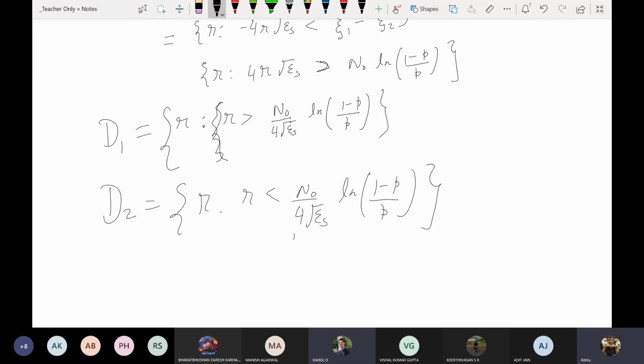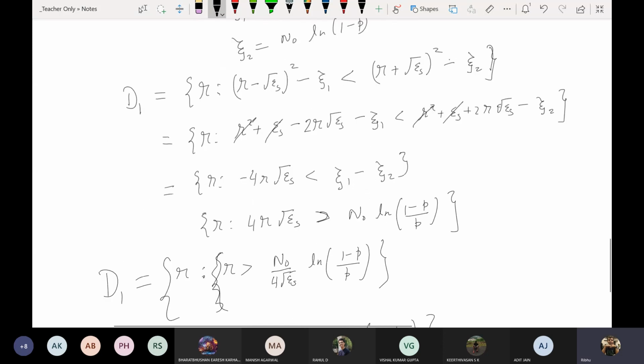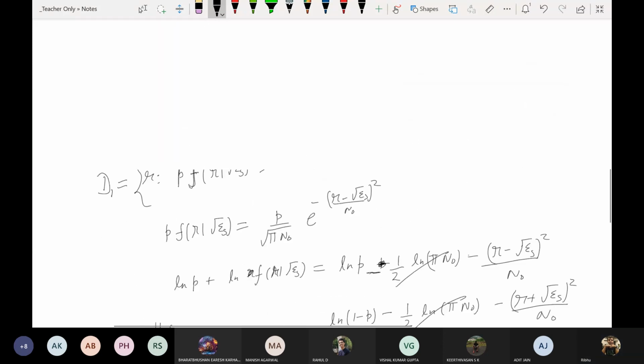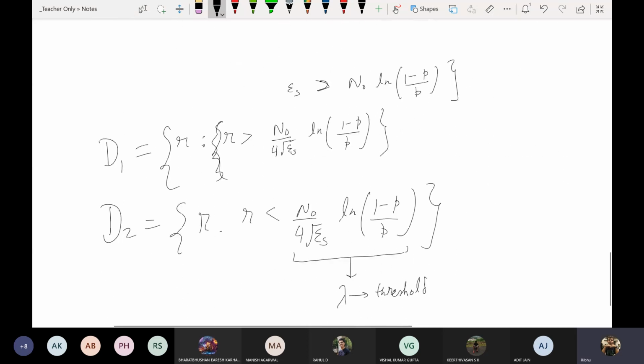So let me call this quantity lambda, the threshold. Then I'll draw that line again.